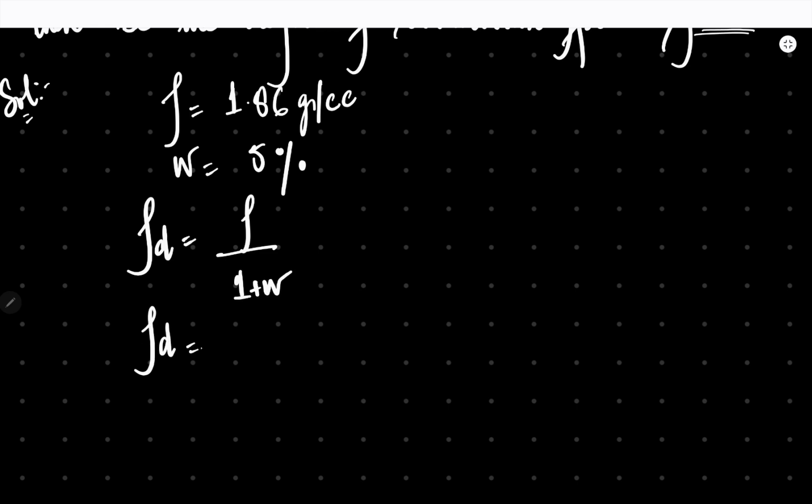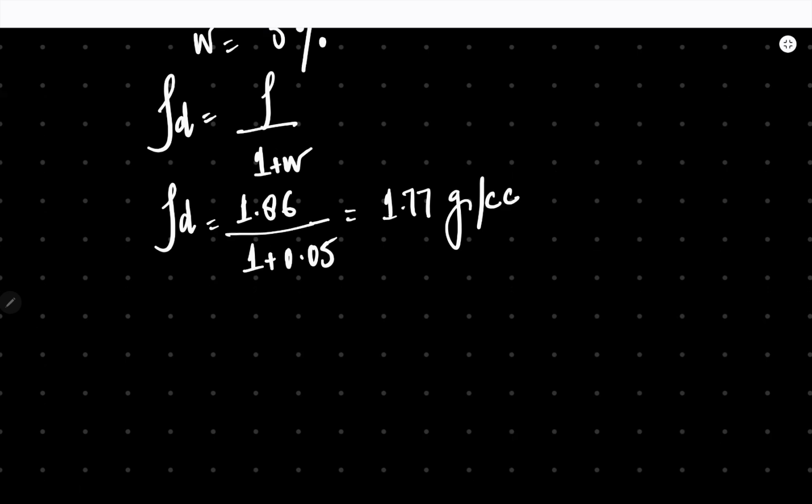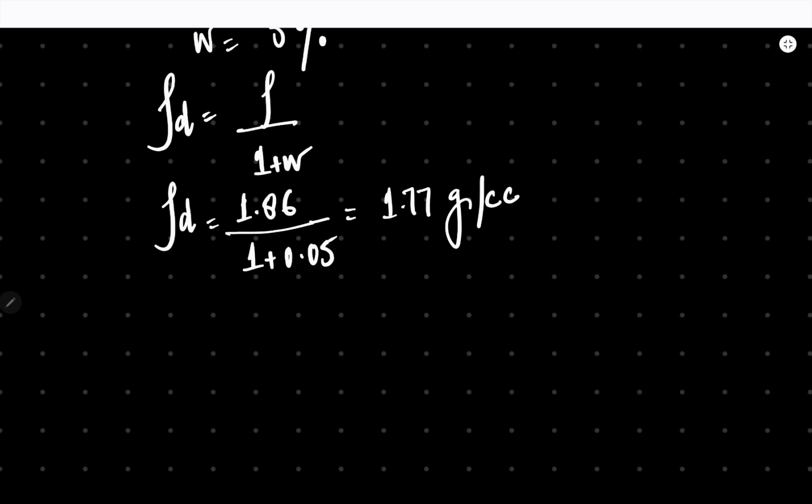So dry density is 1.86 divided by 1 plus 0.05. Upon calculations, it is equal to 1.77 grams per cc. Alright, this is the dry density.